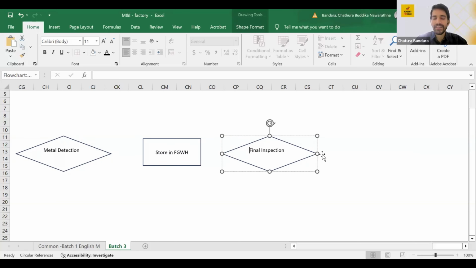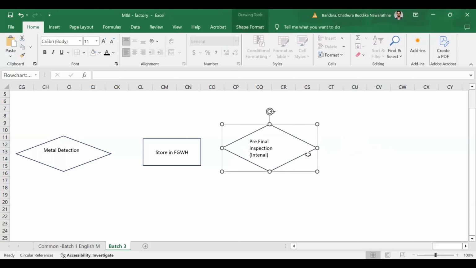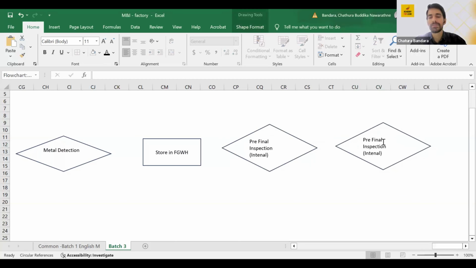So shall I write then, shall we consider that process and then move forward? Pre-final inspection by Mega, internal, for your understanding. Correct. Pre-final inspection, and then final inspection by third party, external.